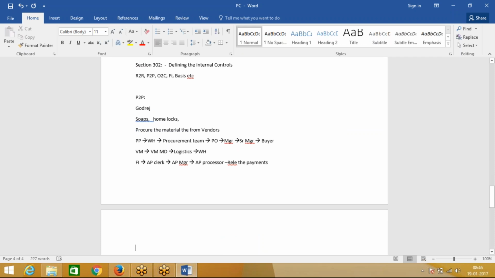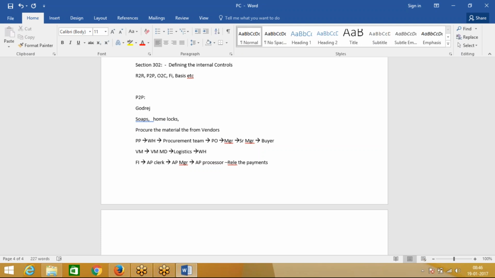Maybe for the order to cash procedure, I have defined the various internal controls, internal processes and policies. All these things we will go and define. Very good. We have to define this to mitigate the various risks.